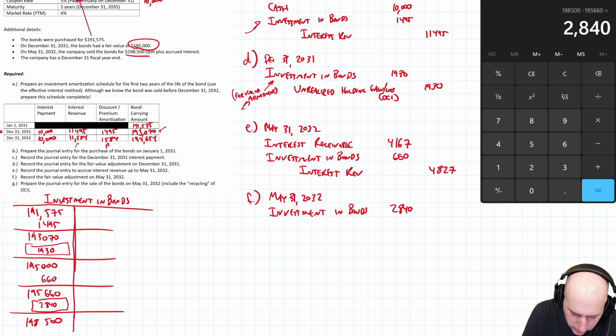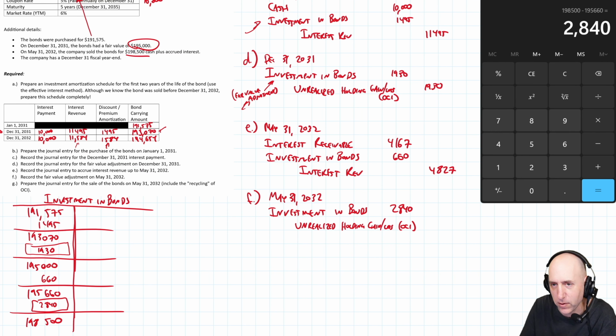And I credit unrealized holding gain/loss through OCI. Now, it's only been gains. They've all been credits, but had there been a debit, it would be a loss for 2840.